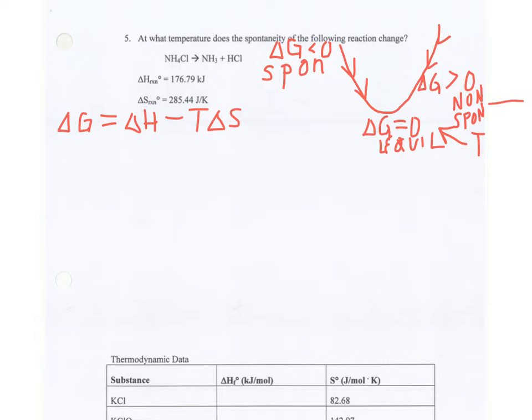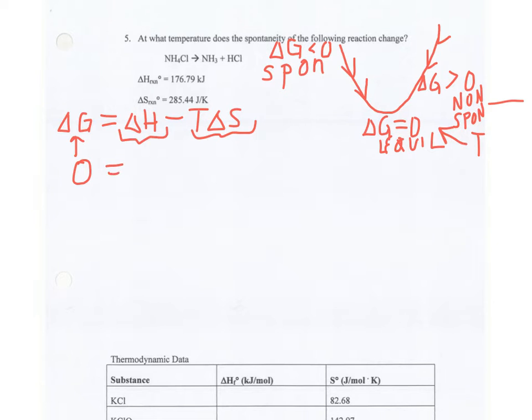If we are given, in this case, we are given the delta H value, the delta S value, and what we know is that when the spontaneity changes from negative to positive, it must pass through 0. So in this case, we're going to set delta G equal to 0.